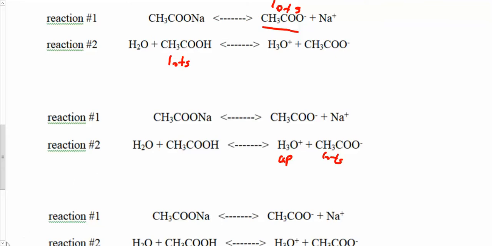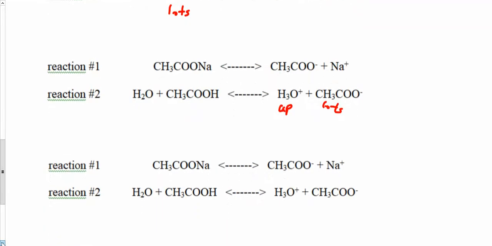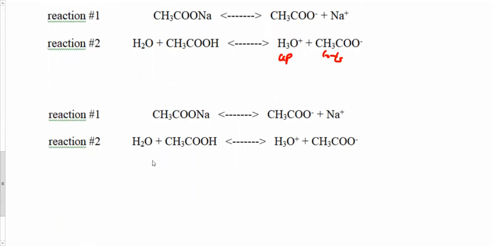Now I'm going to go down to another set of these same reactions, so I knew I was going to be writing on them. What happens if I add in a base? If I add in a base, well, there's no OH minus here. But what will happen to this guy?